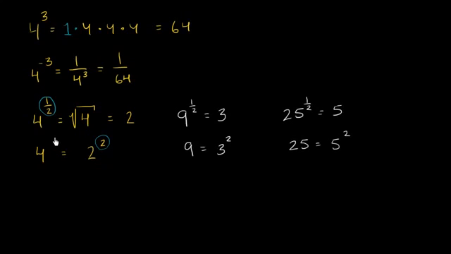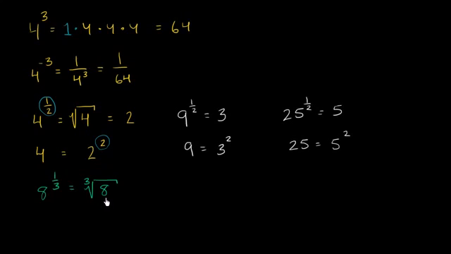Now, let's think about what happens when we take something to the 1/3 power. So let's imagine taking 8 to the 1/3 power. So the definition here is that taking something to the 1/3 power is the same thing as taking the cube root of that number. And the cube root is saying, well, what number, if I had 3 of that number and I multiply them, am I going to get 8?